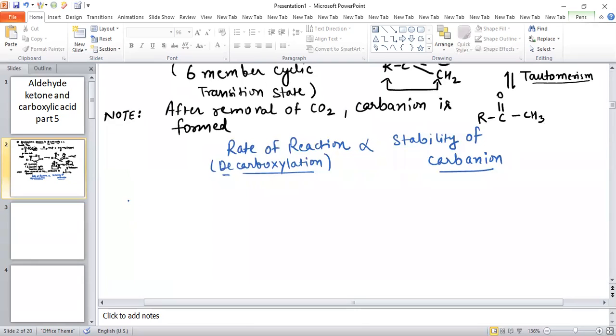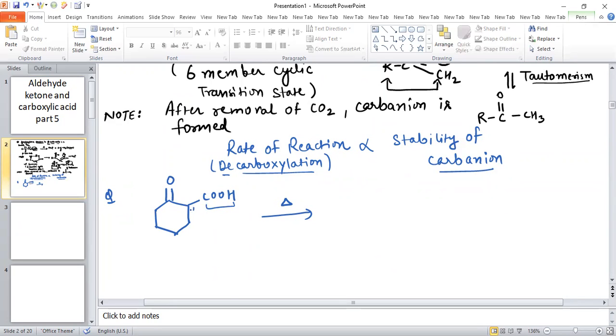Now I'm giving you some questions related to the decarboxylation reaction. The question is basically like this. This compound is given and there COOH is given. When you heat this compound, what happens? This is a carboxylic acid.